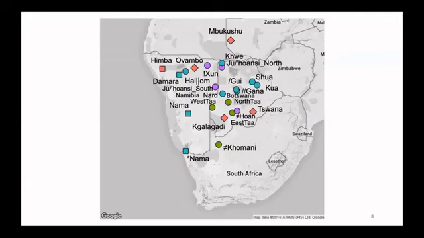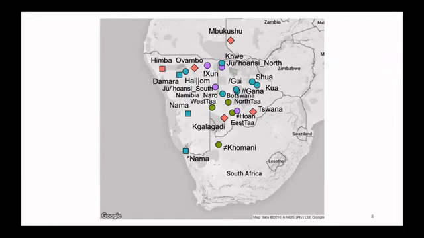Now this map is just a depiction of the variety of different populations, specifically Khoisan, in Southern Africa.